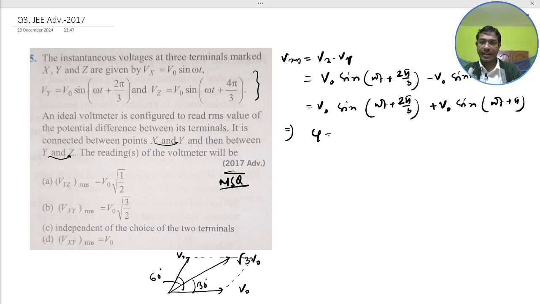Just get the angle phi, that is pi minus 2 pi by 3. So this would become pi by 3.